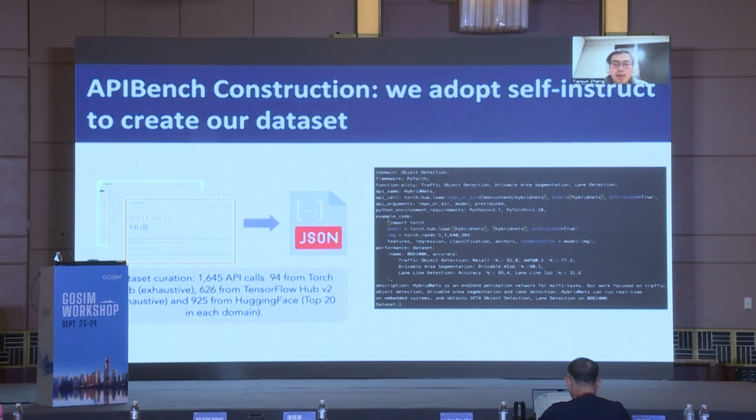We specify all the arguments and Python environment requirements, and if this API documentation has some example code, we include it as well. Lastly, we include the performance of this model or any metadata. Then there's a description about this model, like HybridNets is an end-to-end perception framework for multitask. Our work focused on traffic object detection, etc. So this is the structure of our API documentation.